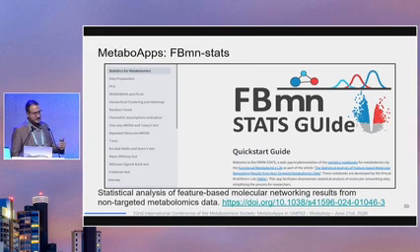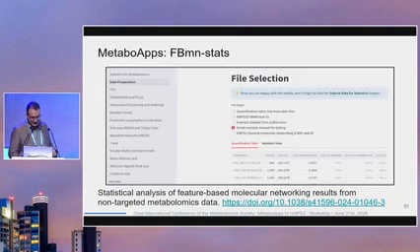So what exactly you need or want to look at while doing this analysis. And for the FBmn-stats, you have all these tests here. So we have PCA, PERMANOVA, hierarchical clustering, heat maps, random forests, and all the parameters that you can select for those.